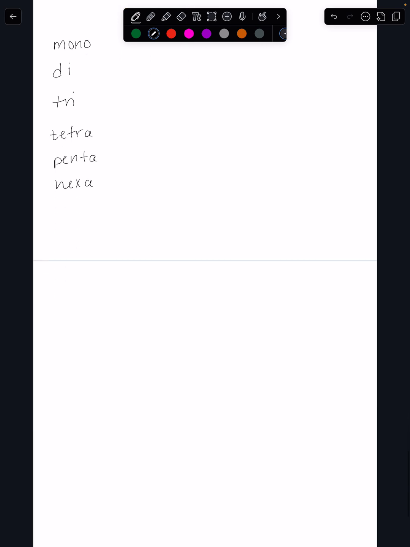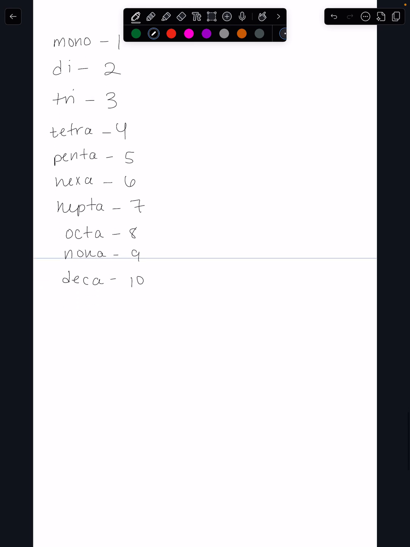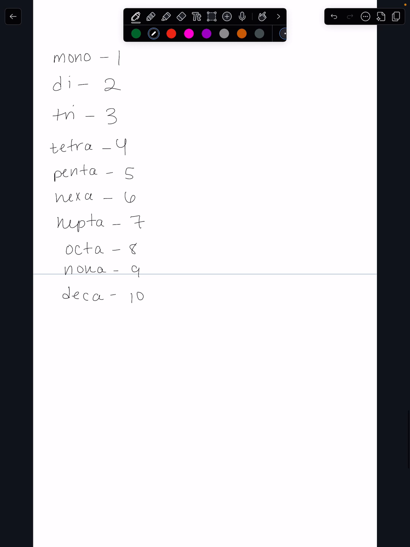I'm going to have you guys go up to deca, which is 10. So mono is 1, di is 2, tri 3, tetra 4, penta 5, hexa 6, hepta 7, octa 8, nona 9, deca 10. So you will have to memorize it. Don't be surprised if you guys get a quiz.